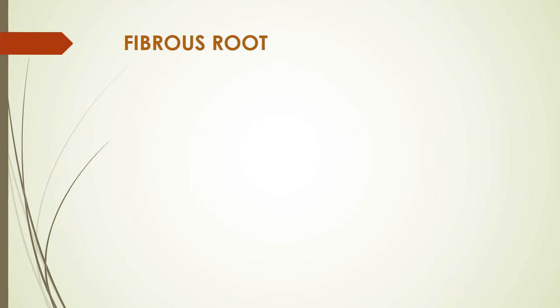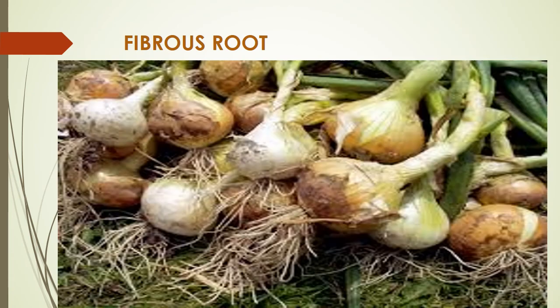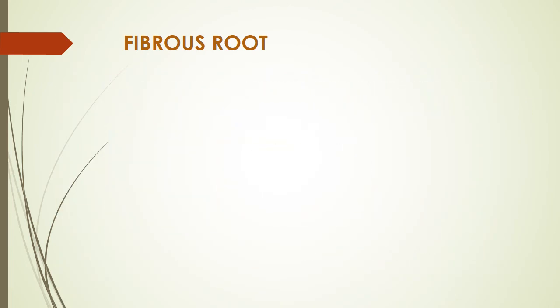You can see the picture of fibrous root. So, in the taproot, there is only a single main root, and in the fibrous root, the main root is replaced by a number of small roots. Examples of fibrous roots are onion, wheat, and rice. So for today it is enough.